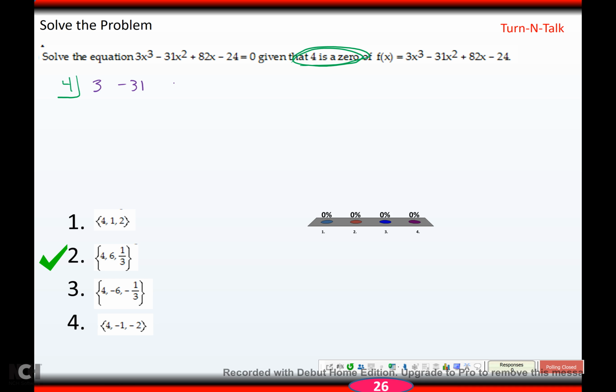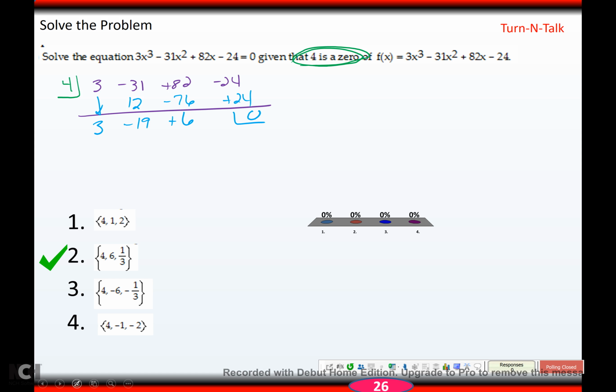3, -31, +82, -24. Okay, 3 comes out, times 4 is 12, -31 plus 12 is -19, times 4 is -76, 82 minus 76 is +6, times 4 is +24, remainder 0.